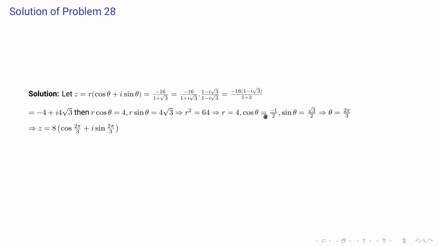So cos theta will be minus 4 by 8, which is minus half, and sin theta will be square root of 3 by 2. If you observe these two, it is clear that it is a value in the second quadrant, because sin theta is positive and cos theta is negative. So that means theta is equal to 2 pi by 3, and thus we have the polar form of the given complex number.